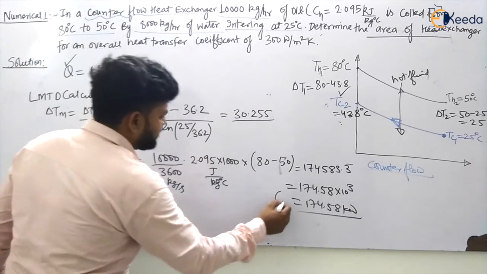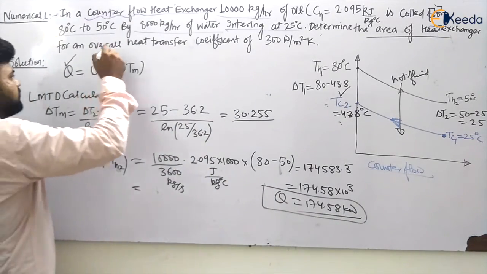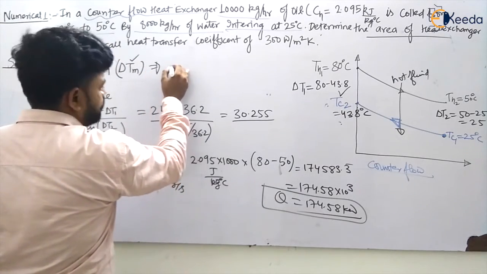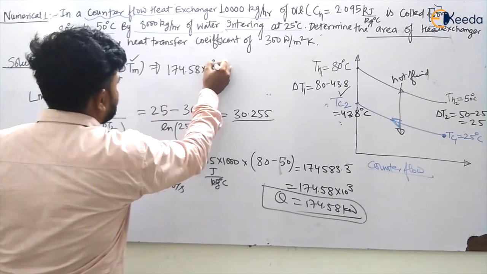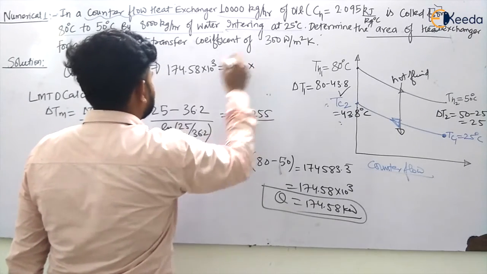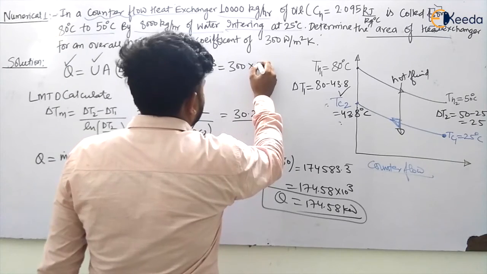So now we know the heat transfer. Can we calculate the area now? Yes, we can calculate the area because we know this, we know this, we know this. So let us put the values. What I will have. So Q is equal to 174.58 into 10 to the power 3 is equal to U. U is given to be 300 watt. This is given in watt. I have taken in watt. So this will be similar. So area we have to calculate.